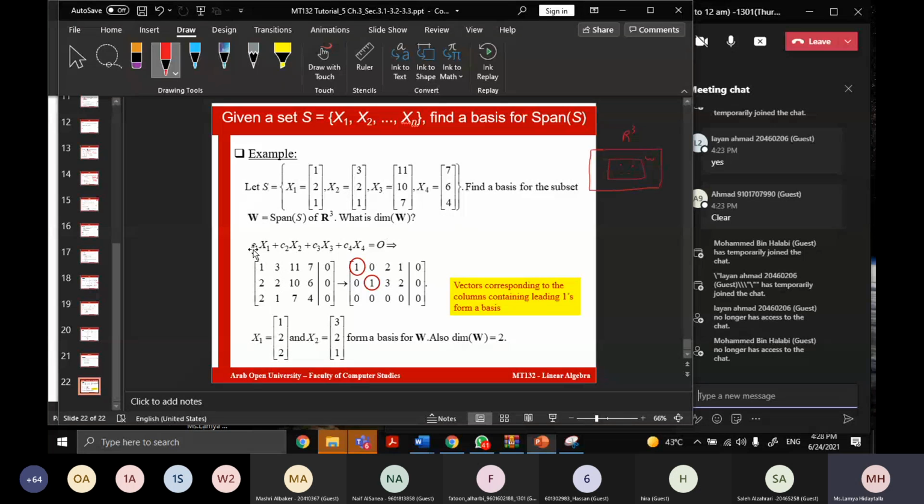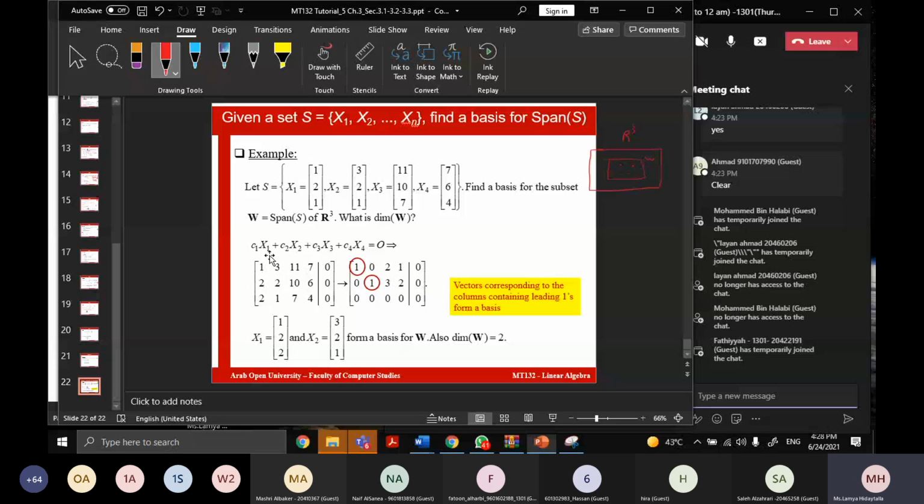Here is how you will find which are the basic ones, which ones are independent and the others are dependent on them. What do we do? To know whether they are dependent or independent, we let C1 X1 plus and so on equal to 0.